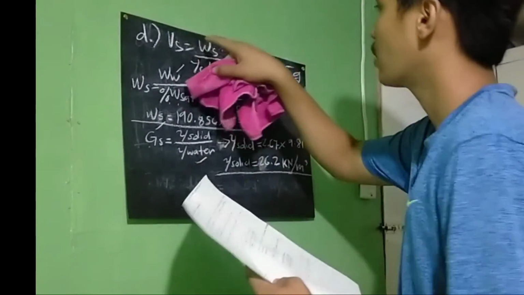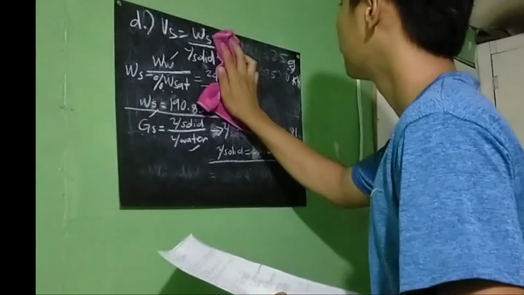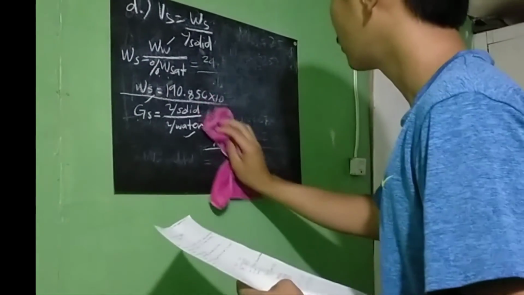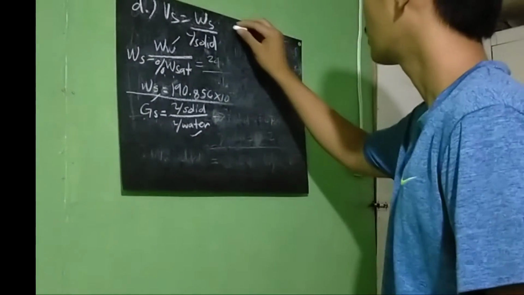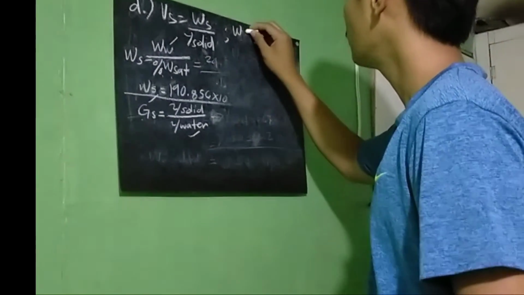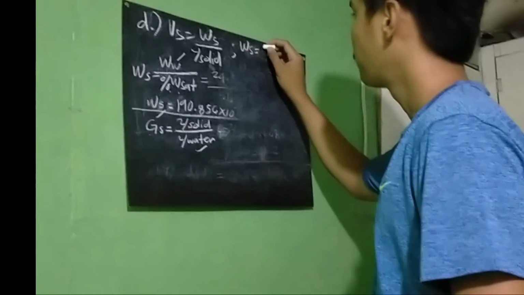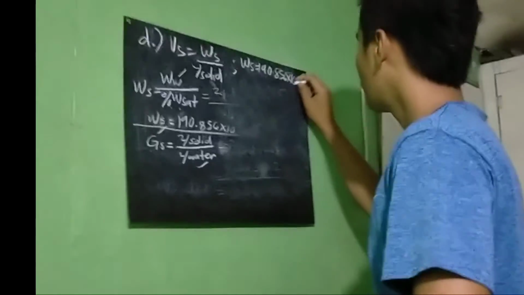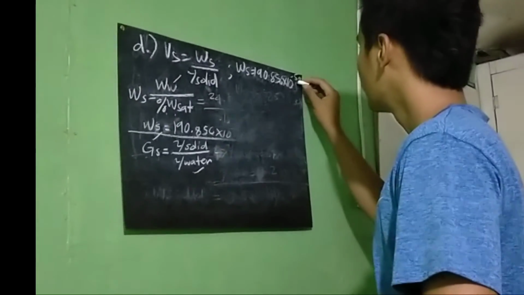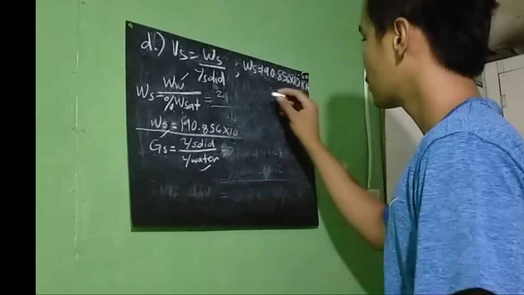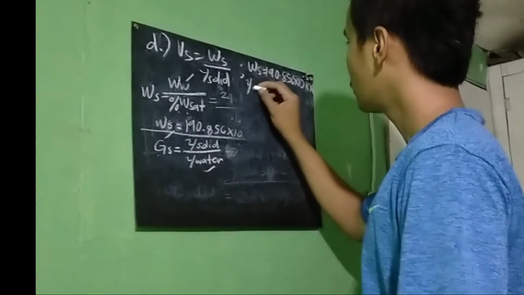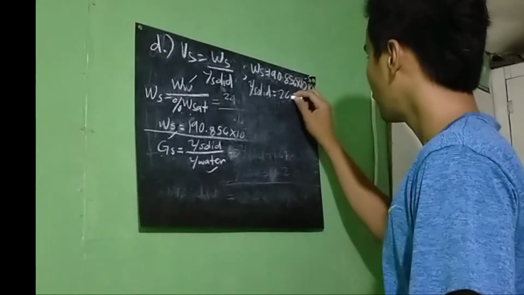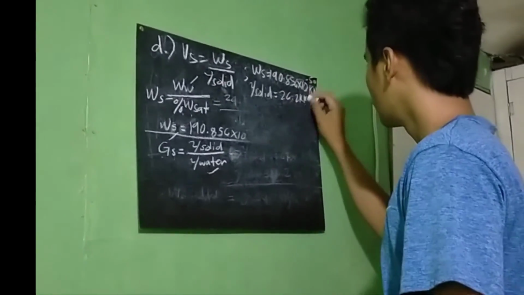Then back to the original formula, we have the weight of solid equal to 190.856 times 10 to the power negative 5 kilonewton, and the solid unit weight of 26.2 kilonewton per meter cube.